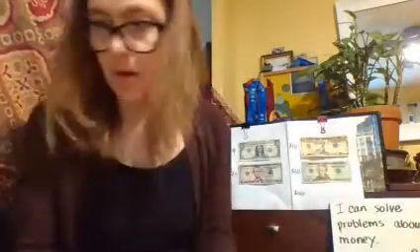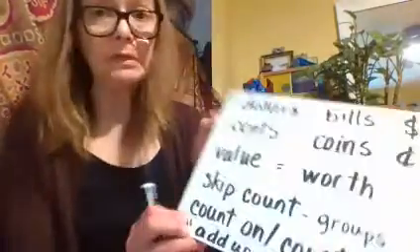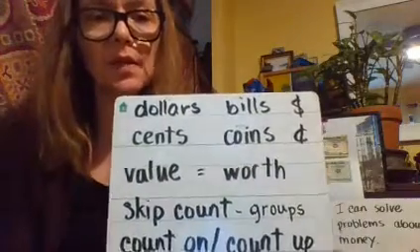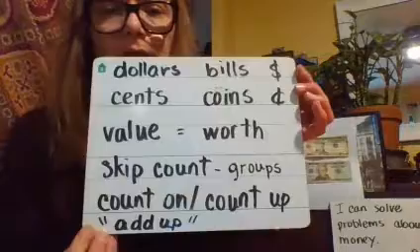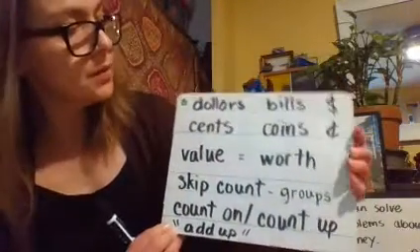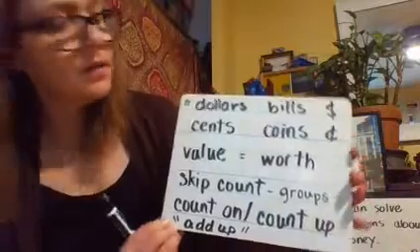Okay, and there is some vocabulary we need to know. Dollars, and those are the bills, and the symbol is the S with the line. Cents, and those are your coins, and the symbol is the C with the line.